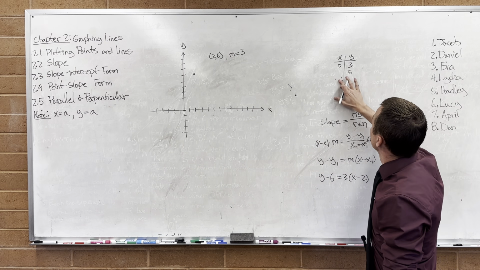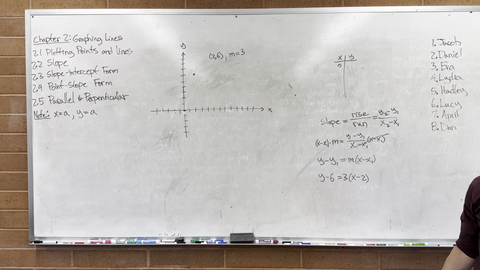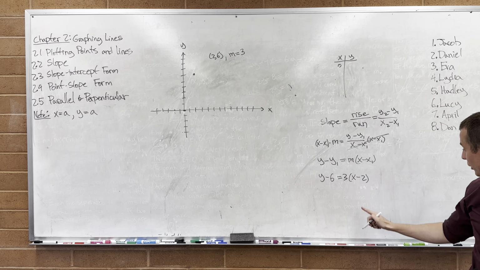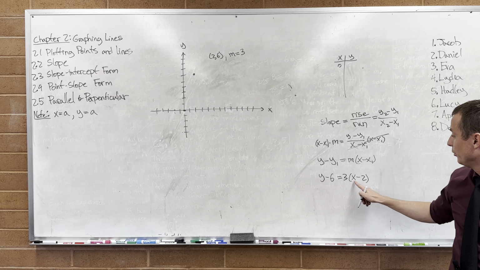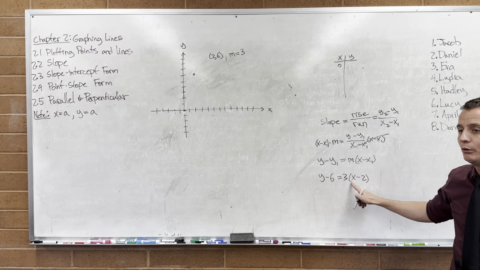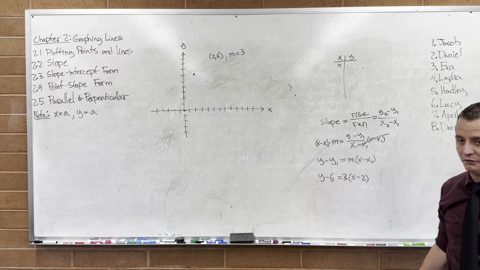Let's plot some points. I want to know what happens when x is 0. So if x is 0, 0 minus 2 is? 0 minus 2 is? If you have $0 and then you owe me $2, how much money do you have?